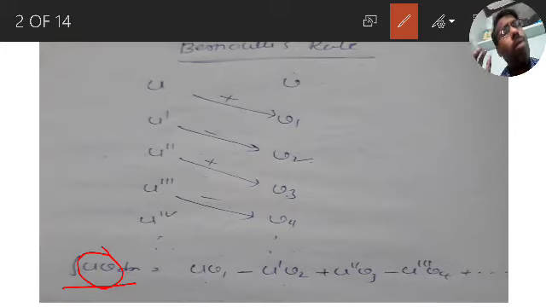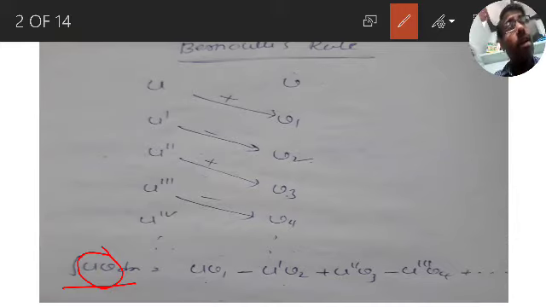We apply it only when there are two functions in a product, and one of them must be an algebraic function. Not only algebraic, it doesn't mean simply x. It has a greater power of x, that is, x square, x cube, x power 4, x power 5, x power 6, like that. Then only we are going to apply Bernoulli's rule.